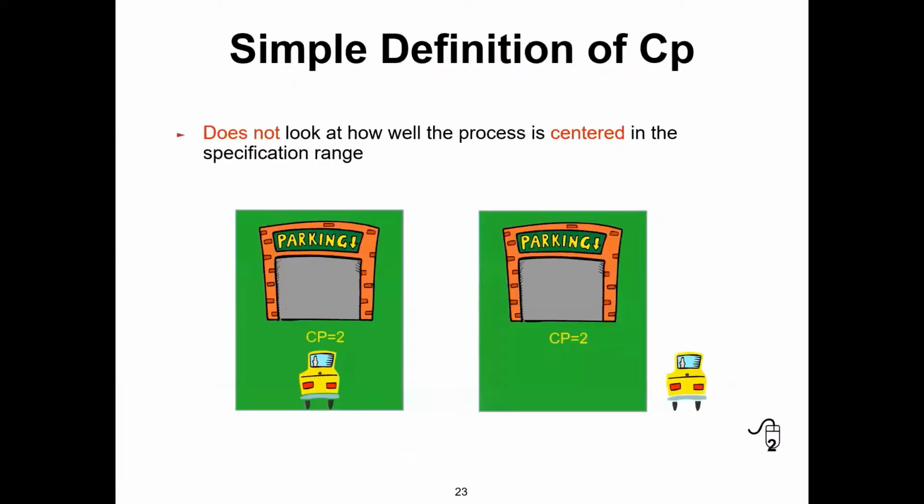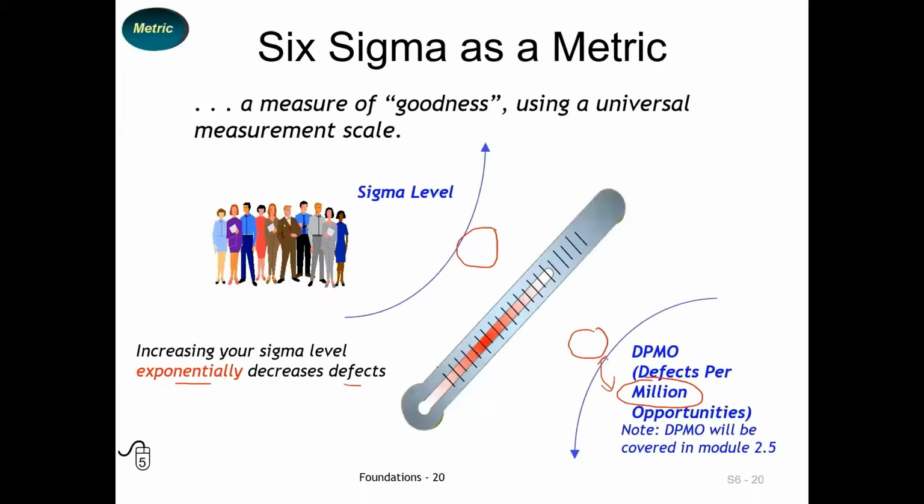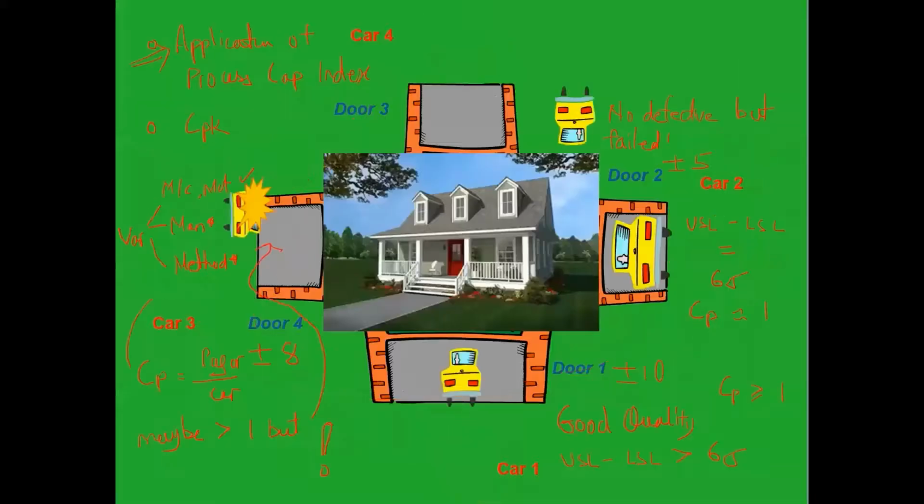Okay, the first one, both are CP 2. Remember, CP is only comparing, like the scenario of car to door. Quite similar to the scenario of car to door, comparing the car size and the gate size, it looks great.